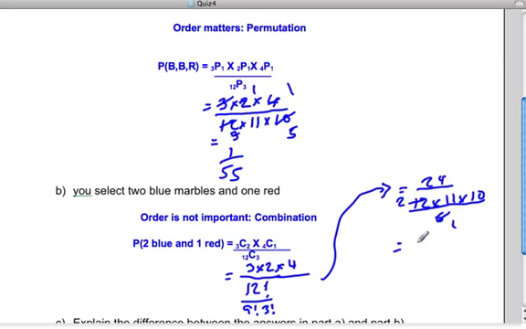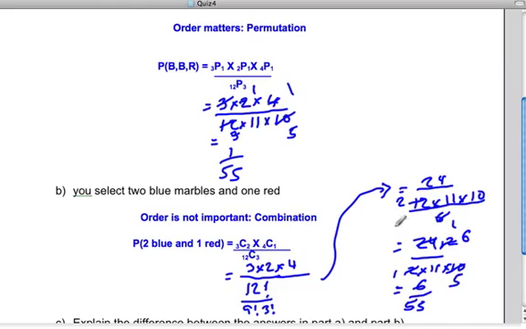So this is equal to 24 over 2 times 11 times 10. And we can simplify that, so that goes into itself once, and into 12 and 5 and 6. And so this is equal to 6 out of 55.